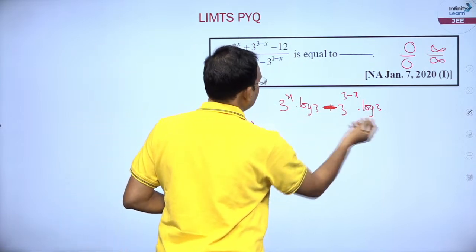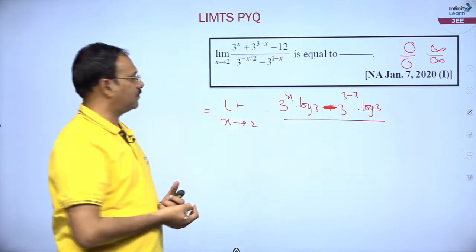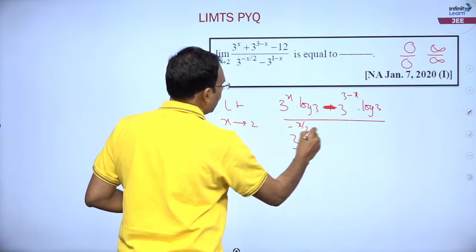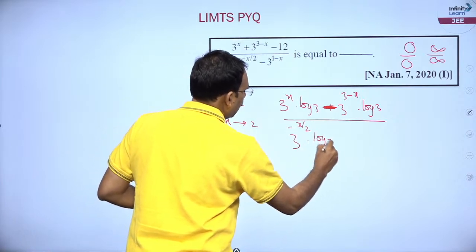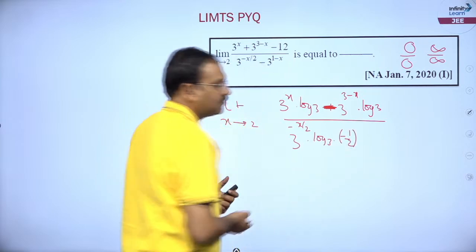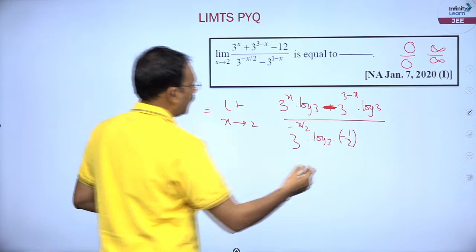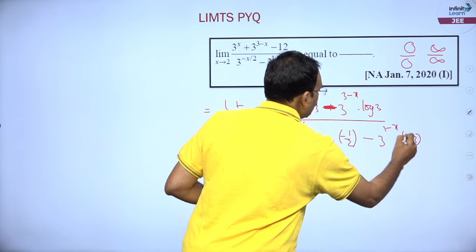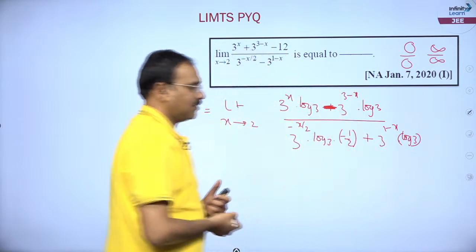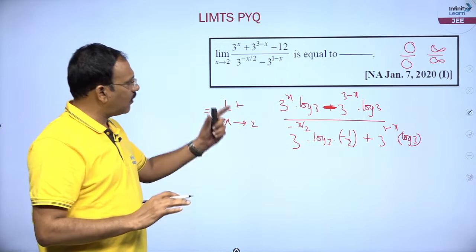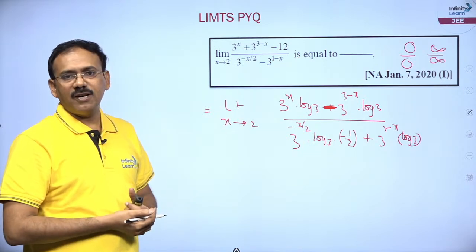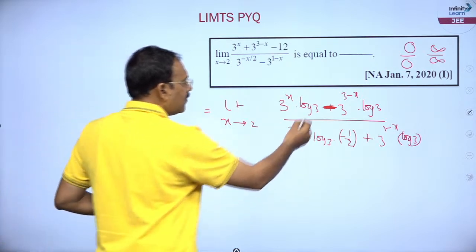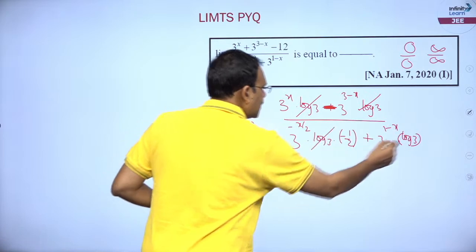So I make it minus. 12 derivative is 0. In the same way, here 3 power minus x by 2 derivative into log 3 into minus 1 by 2, right, minus 3 power 1 minus x into log 3 into derivative of 1 minus x, which is minus 1. I have simply taken the derivative of numerator and denominator separately because it is in the form of 0 by 0. Now, log 3 can be taken common and cancelled, right?